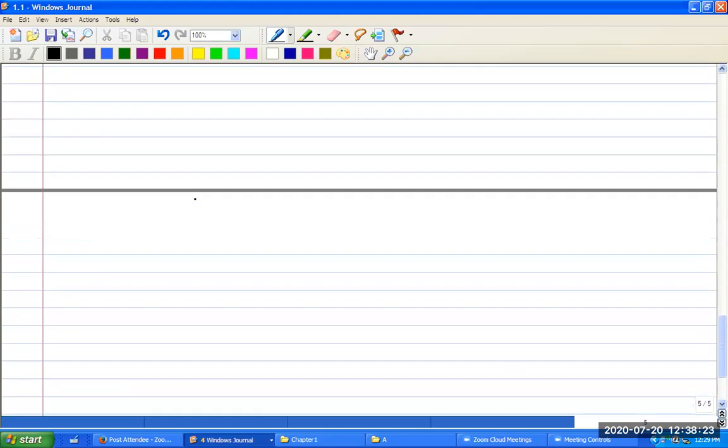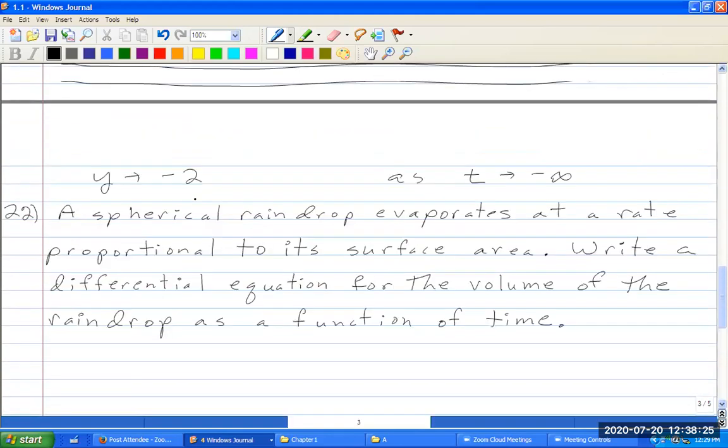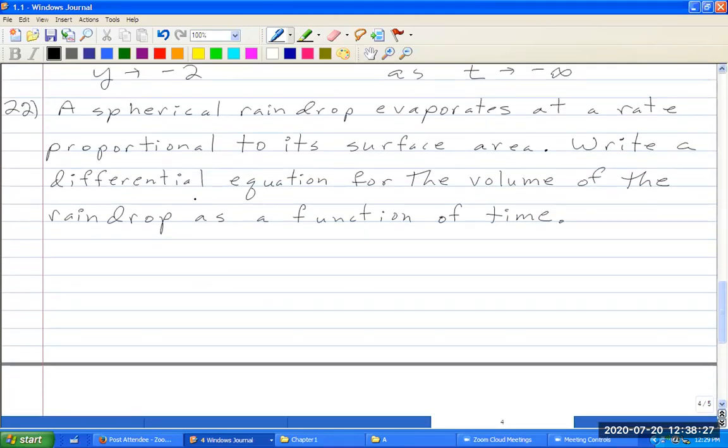Okay, so I have a spherical raindrop. I have here a raindrop, and it is spherical.